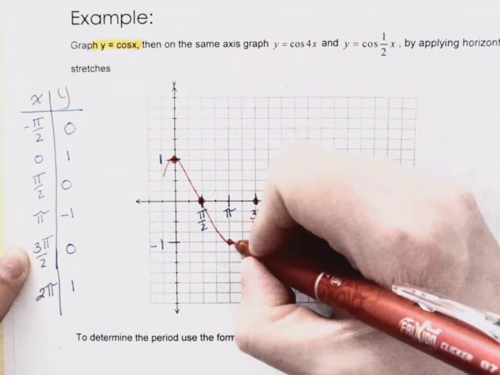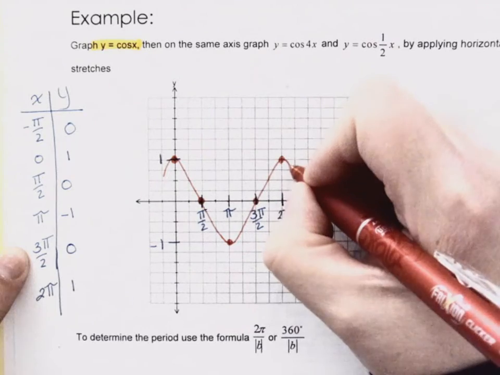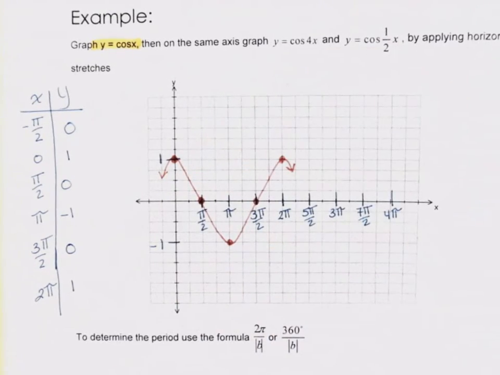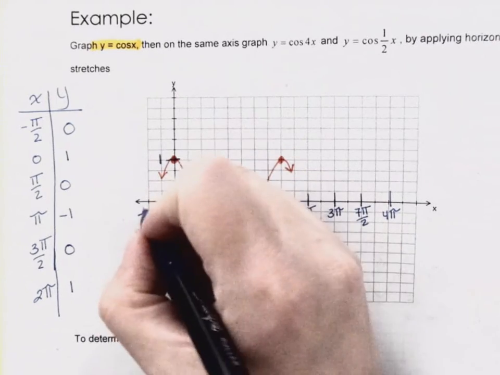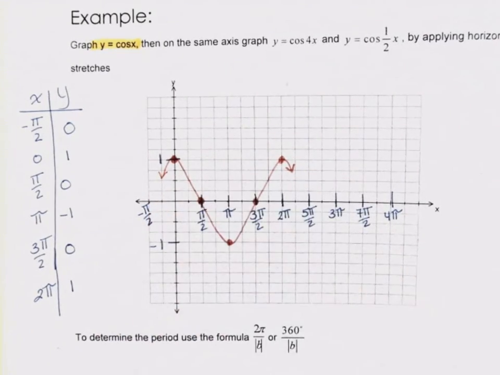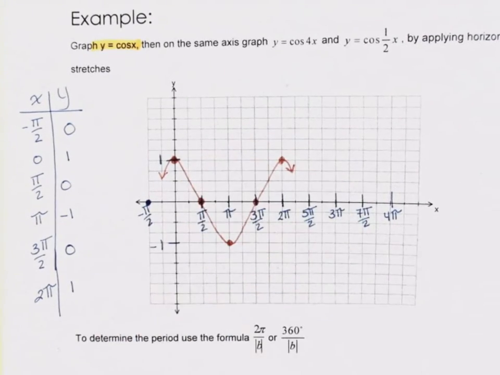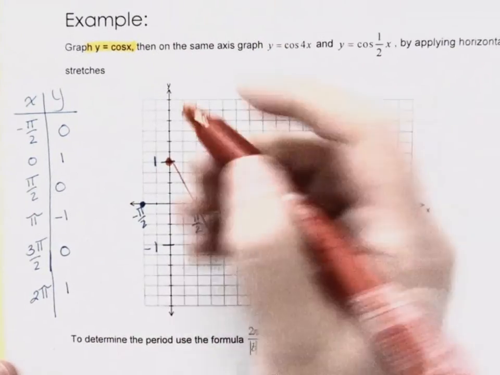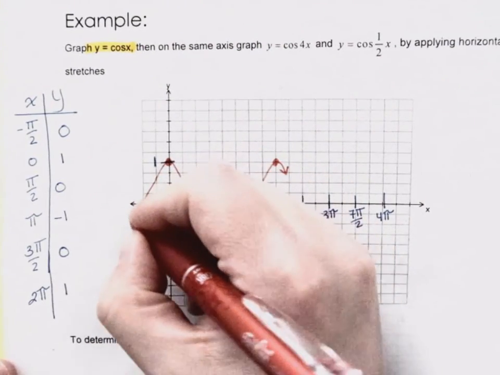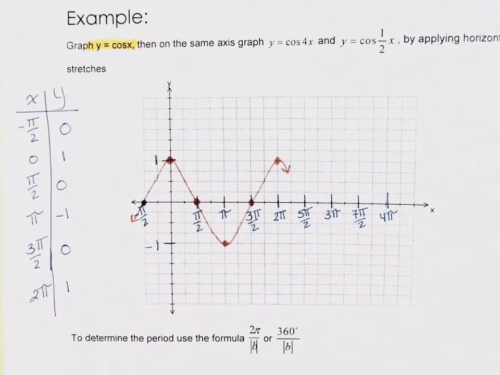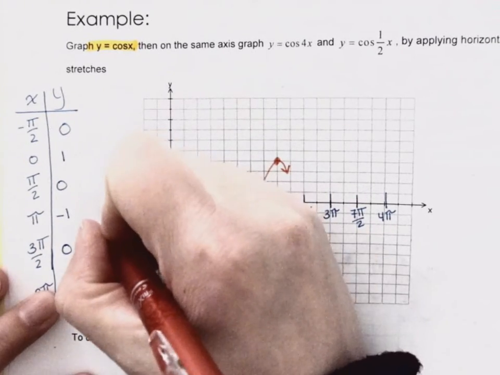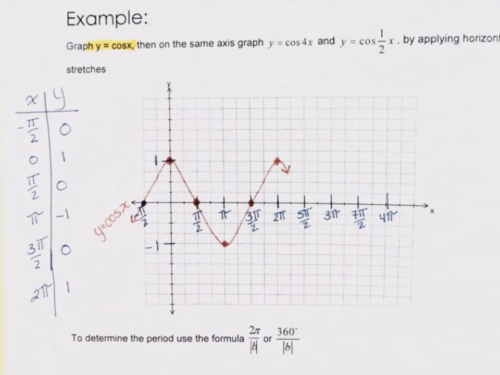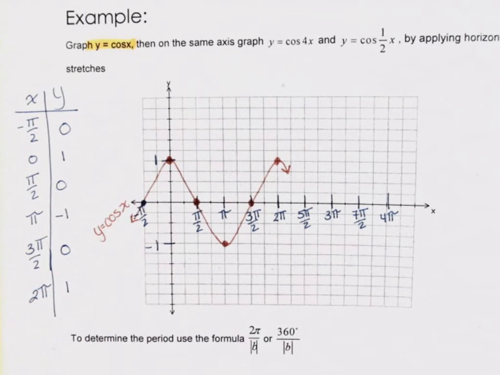So notice where my arrows are pointing. Okay, so my red graph is y equals cos x.